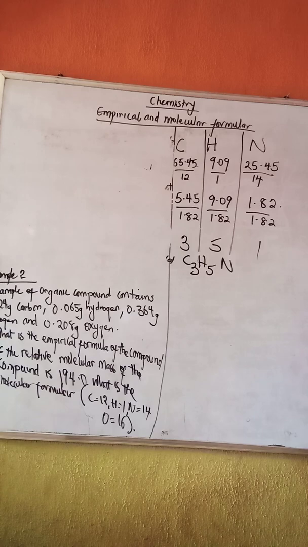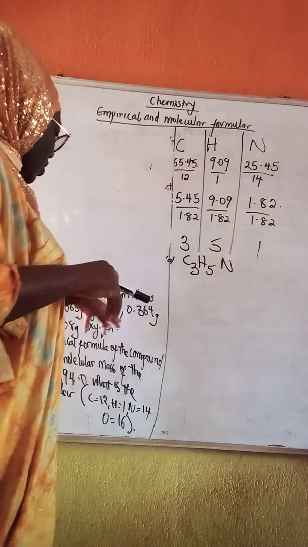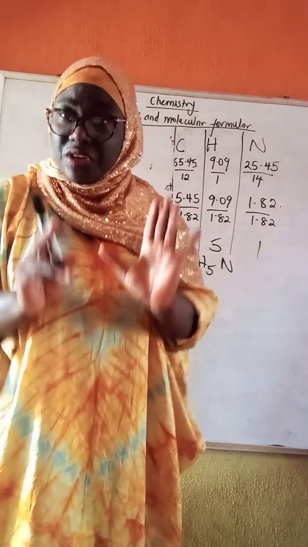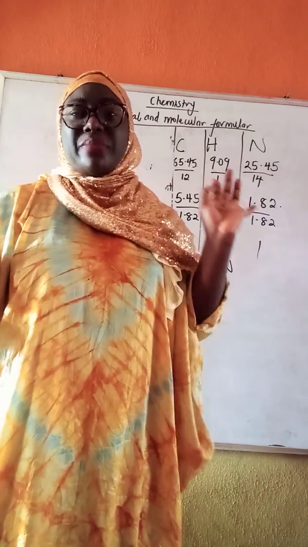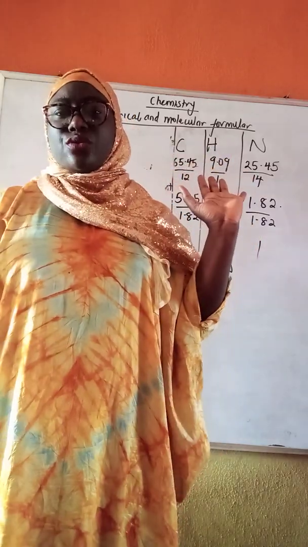So you'll be wondering, this one was given to us as percentage, while this one is given to us in gram. It's still the same thing. The only thing you just have to do is make sure you know the mass numbers. Once the mass numbers are given, then you can easily divide through.